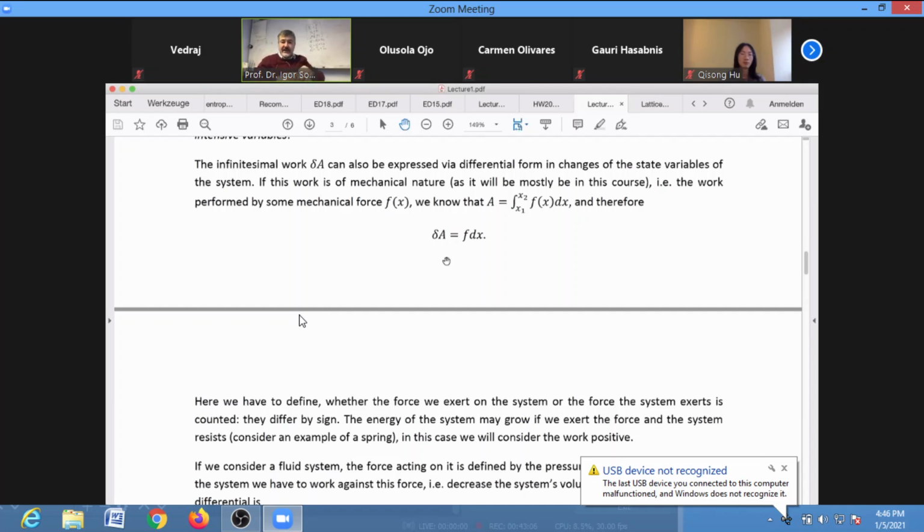If I would ask what is the work expressed via the tangent force, and this is now a force which this piece of rubber exerts on my hand, this will come with minus here, if you see my hand on the PDF here. This will come with minus. Keep this in mind. Plus and minus are important, and sometimes one has to think what kind of a force are you considering. This is your force or the system's force on you. But this is not complicated at all.